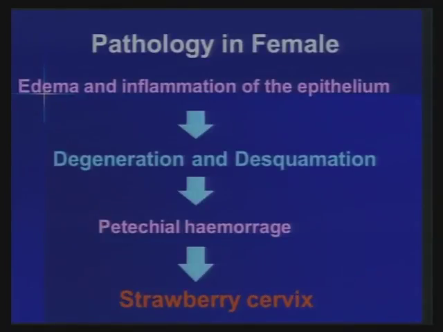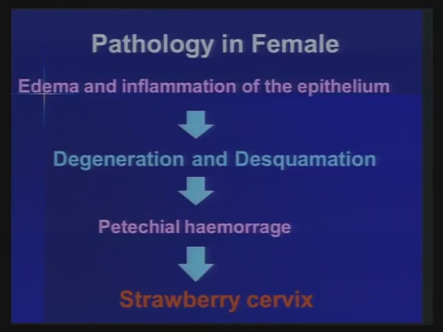And the pathology in the female: the edema and inflammation of the epithelium. So the cell has degeneration and desquamation. It means that once it causes the degeneration, the cell degenerates, and desquamation means log off. You can imagine the cells were destroyed. Cells are destroyed and then move out. And we see the petechial hemorrhage.